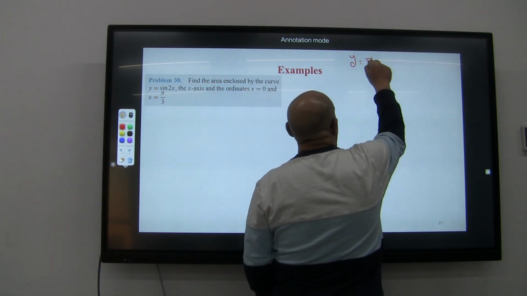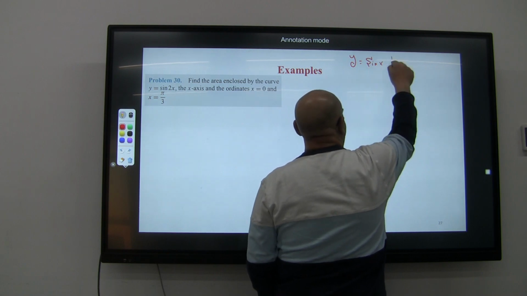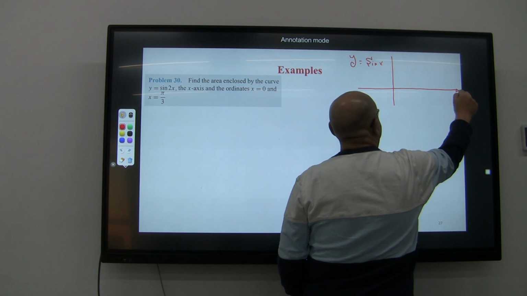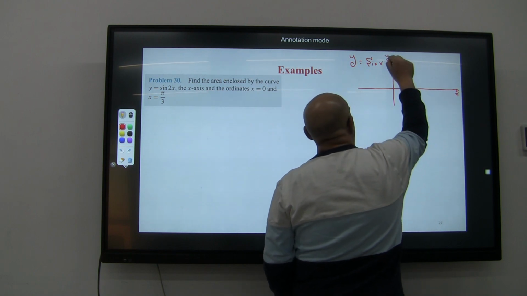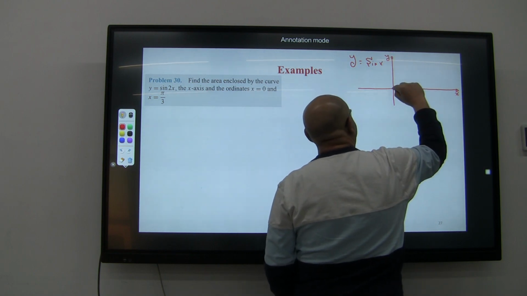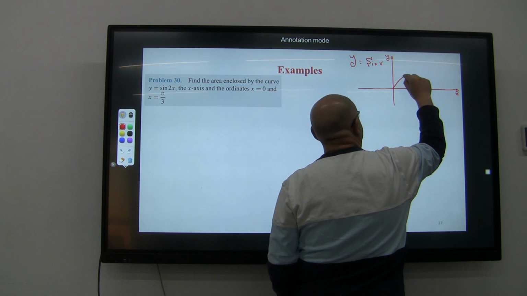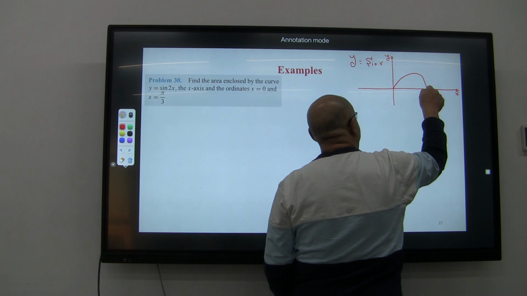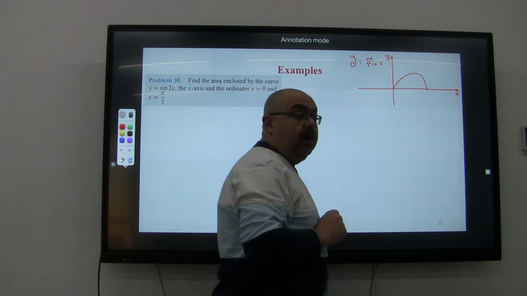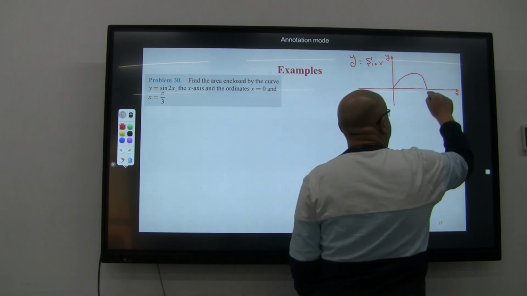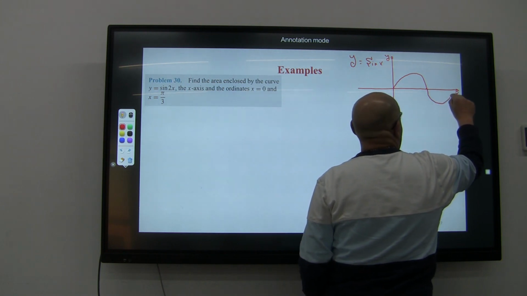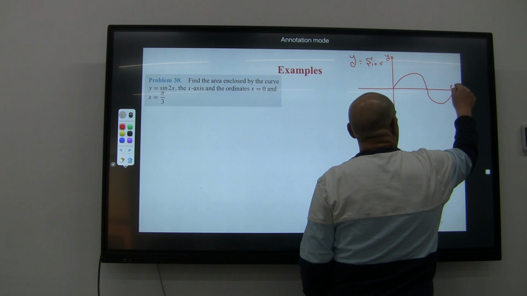If y equals sine x, the function will go like this. This is x, that's y. The angle will move from x equal to 0, then it will increase till pi over 2, then will decrease once more to reach 0 at pi, then it will go negative till 3 pi over 2, then will go positive again at 2 pi.